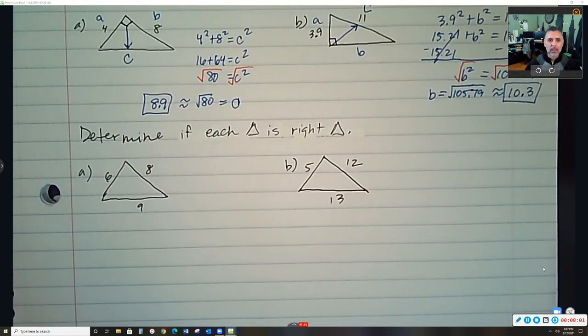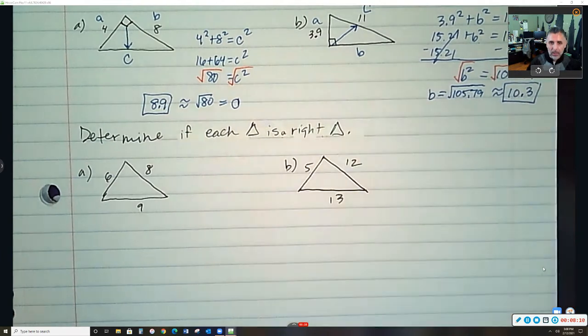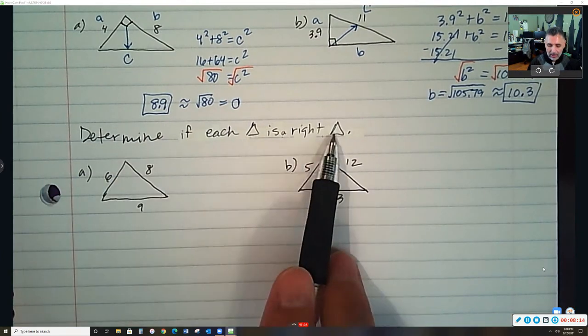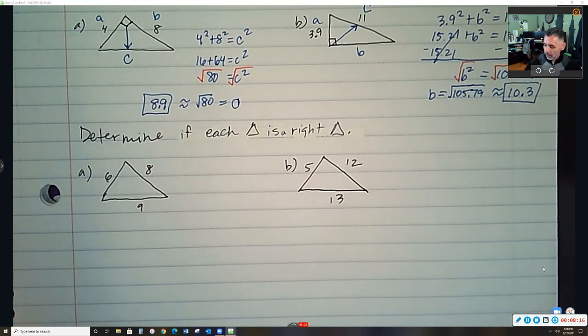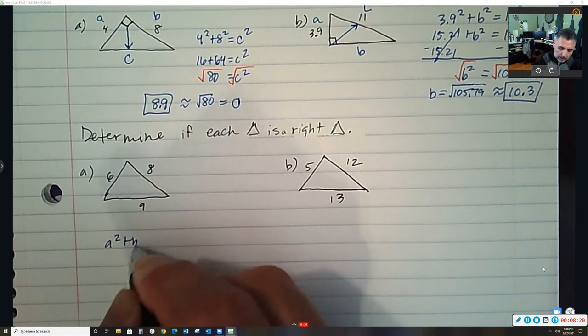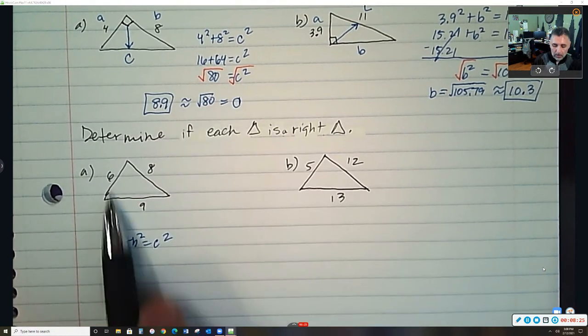So then on this one, it says determine if each triangle is a right triangle. There should be an A there. Determine if each triangle is a right triangle. Okay. So to do that, we want to use the Pythagorean theorem, and we want to put these numbers in here.